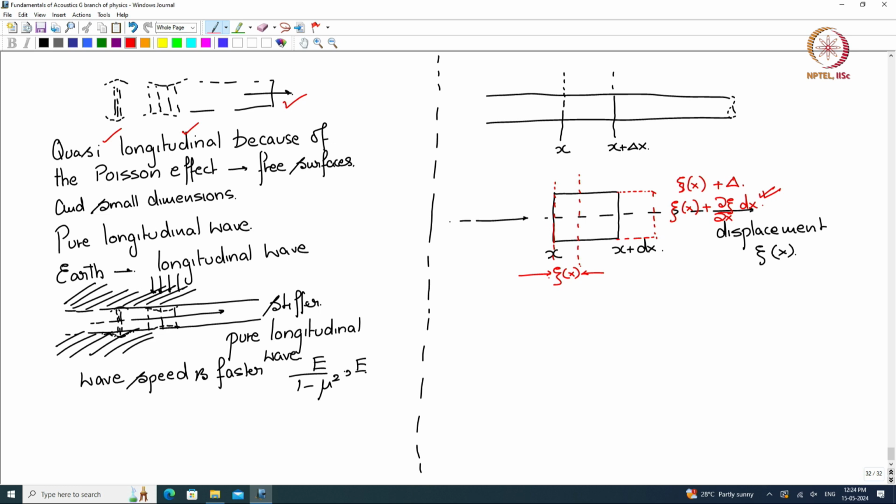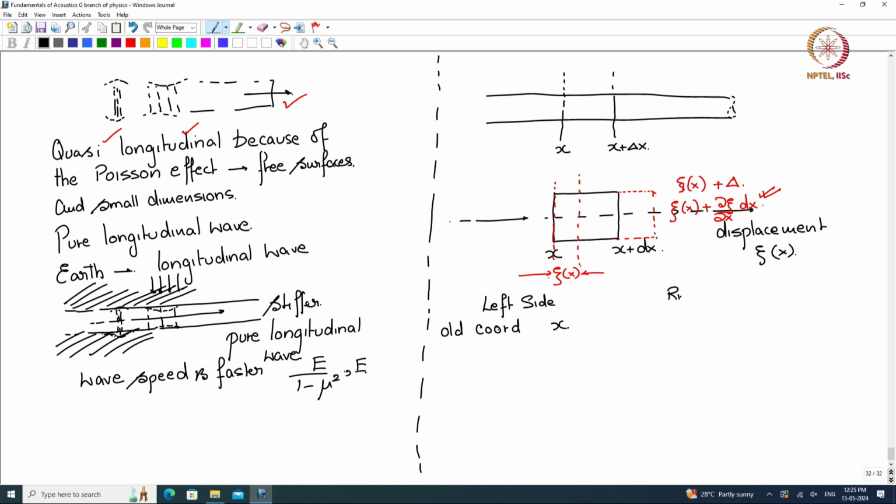Okay. So, now let us see, if we list out the left side old coordinate, it is x. Okay.